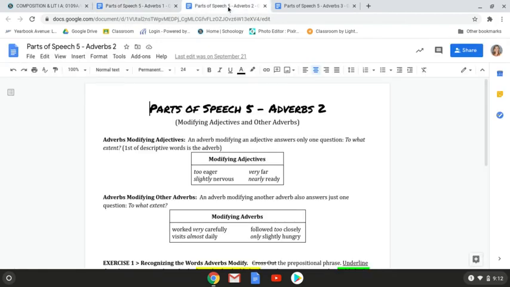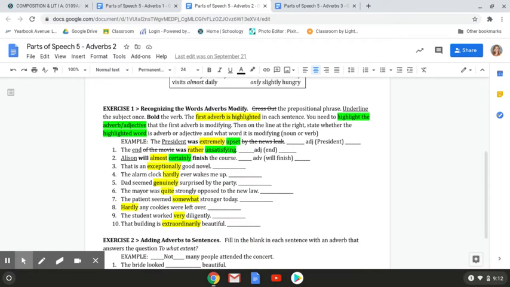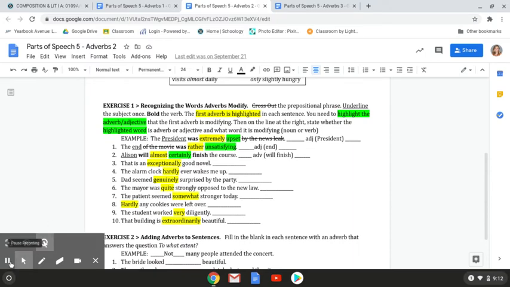Open up adverbs 2. We're looking at adverbs modifying adjectives, adverbs modifying other adverbs as well. All right, so we're going to cross out our prepositional phrase. We're going to underline our subject, bold our verb. The word that is highlighted in yellow is the first descriptive word.